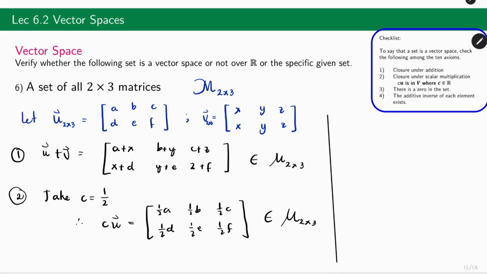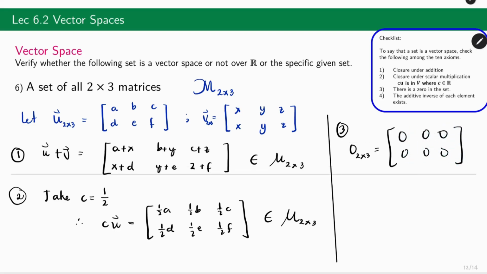Next, the third one: there is a 0 vector in the set. This is satisfied because we have the 0 matrix, the 2 by 3 matrix of 0, 0, 0, 0, 0, 0. Fourth, the additive inverse of each element exists.